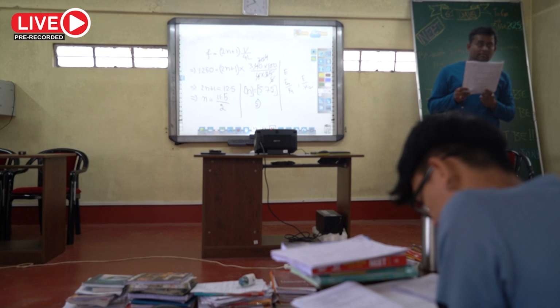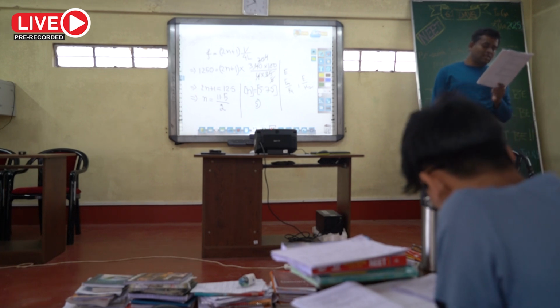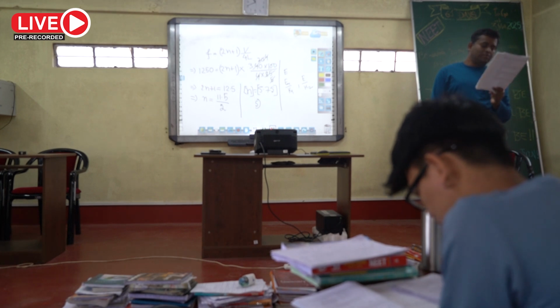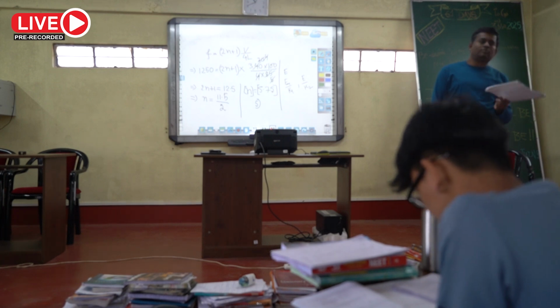Then question number 25. In a region of space, the potential is represented by V as a function given, where V is in volt. The electric field you have to calculate.